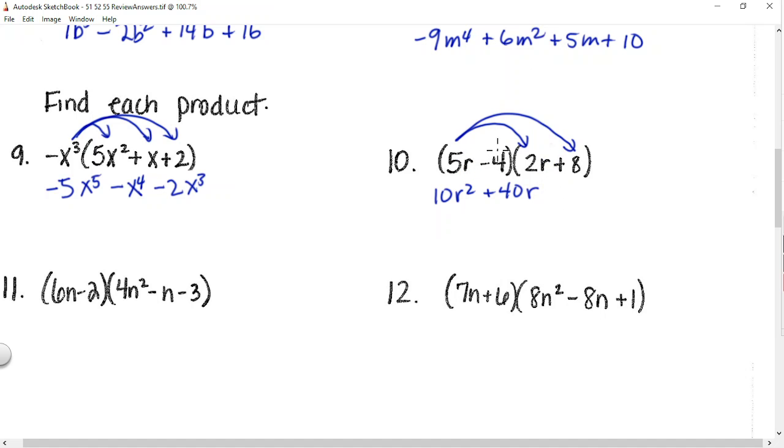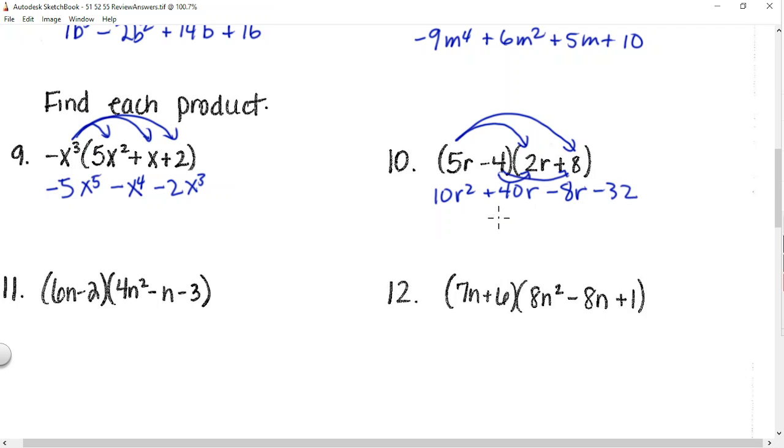Then we take the negative 4 times the 2r. Well, that's negative 8. Negative 4 times 2, negative 8. And then the r, that's the only r there. And then this negative 4 times 8. And that's negative 32.